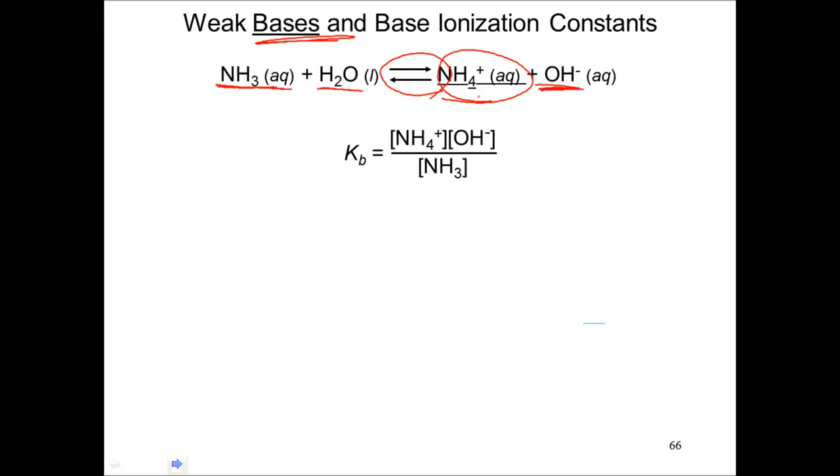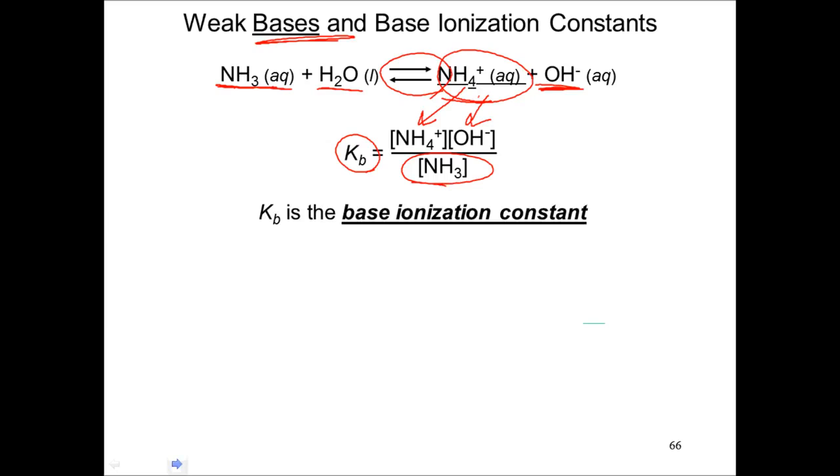And so in order to calculate a Kb, we do just what we did with Kas. It's the concentration of the products raised to the power of their coefficients divided by the concentration of the reactant raised to the power of its coefficient. Notice how we left water out again.